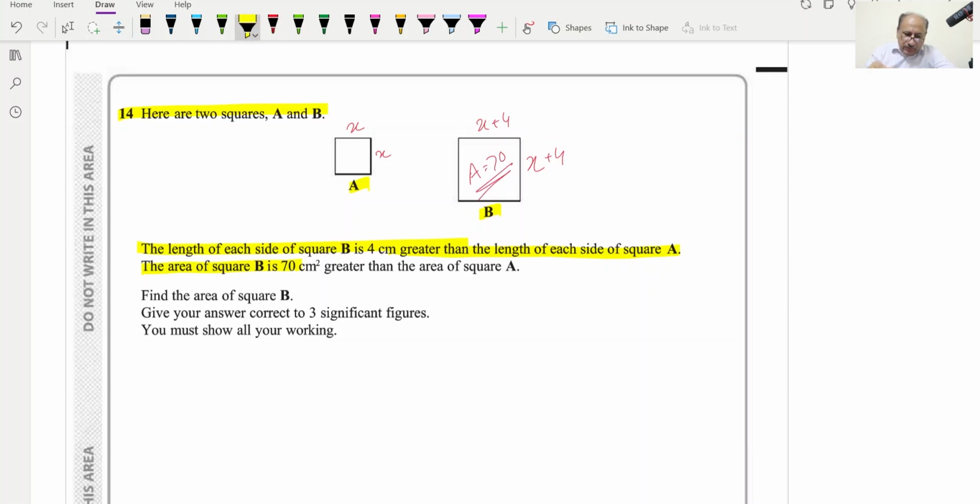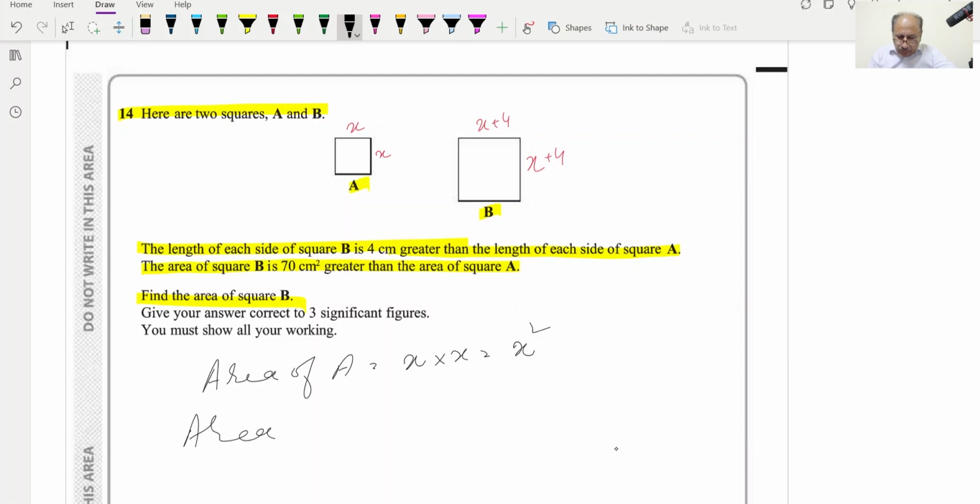So find the area of the square B. Now the area of square B is 70 greater than the area of A. So we can find the area of A. Area of A will be equal to x times x, which is x squared.